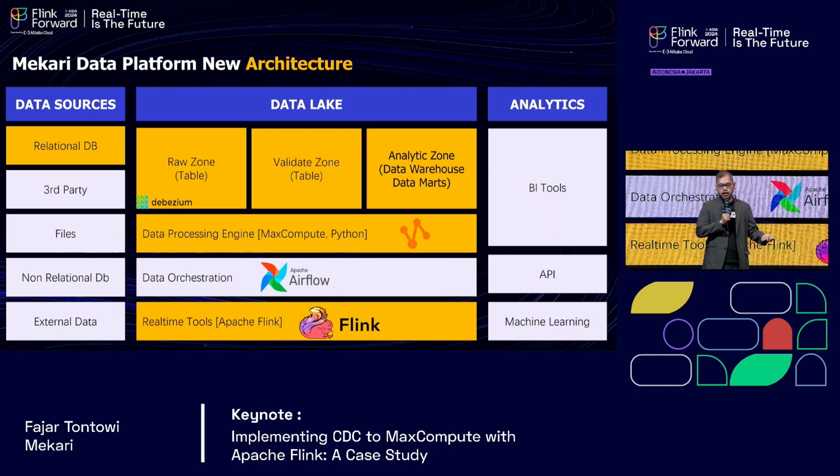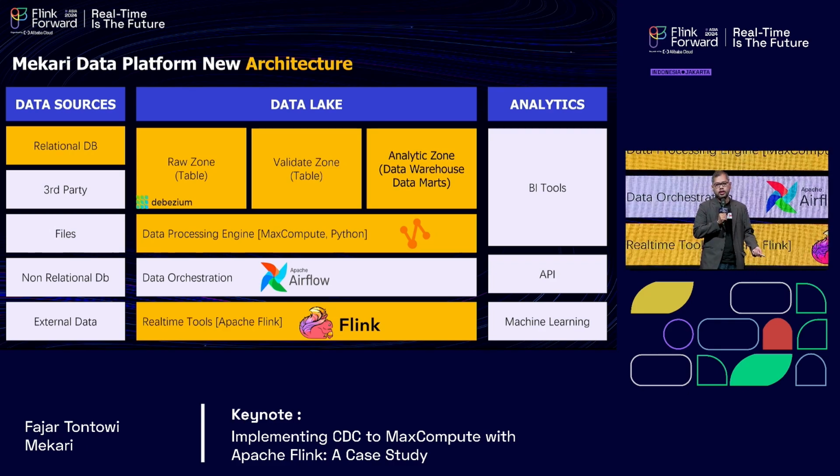From the relational DB to the raw zone, we use Apache Flink to connect CDC data from our sources like MySQL and Postgres. We deploy using SQL deployment in Flink, so it's easy for us to connect the data from MySQL and Postgres, because we just need to store the SQL deployment and create some SQL scripts to sync the data from the relational database to the raw zone table.